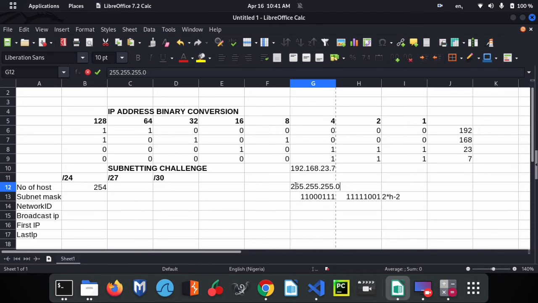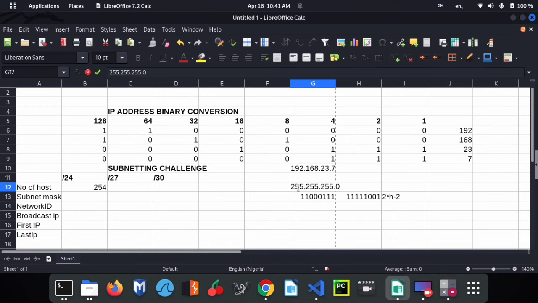So here we have 8 bits, because we earlier said that a particular octet sums up to 255. So we have 8, 16, and 24 here, right? Because we have completed this, we have 24 here, the remaining is 0, which means there is actually nothing in the last octet.